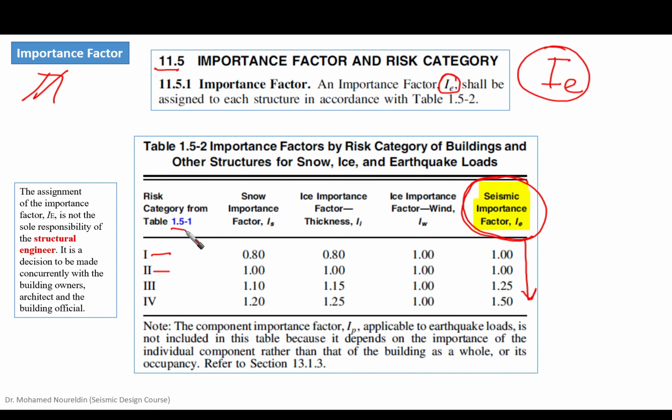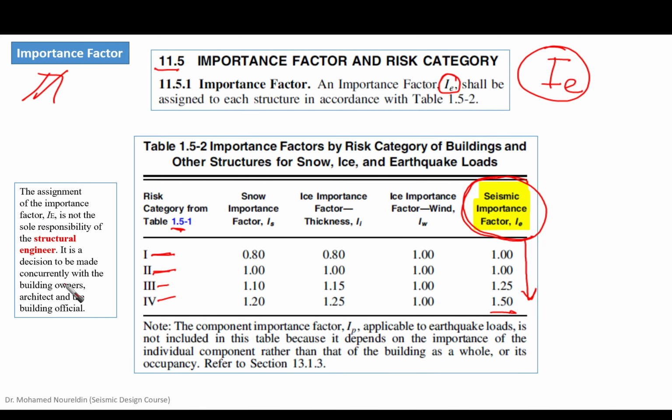From Table 1.5-2, we are going to assign 1.0 for risk category 2, 1.25 for risk category 3, and 1.5 for risk category 4. As we said before, the assignment of the importance factor, I_E, is not the sole responsibility of the structural engineer.